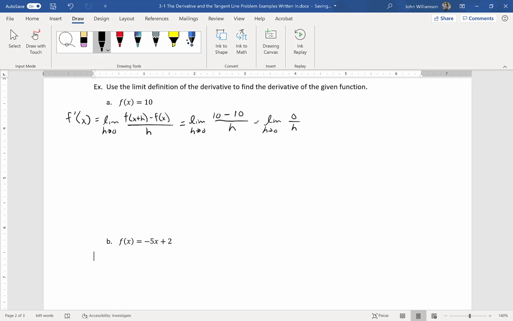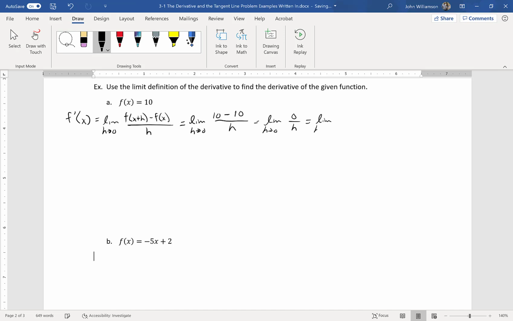Now keep in mind, we can't direct substitute yet, right? Because if we direct substitute into this, what's going to happen? We're going to have 0 over 0, which we can't do. But we can simplify first. So we're still within our limit notation, so notice that limit notation is being carried along because we haven't evaluated the limit yet. And so limit as h is approaching 0 of 0 over h, well, let's simplify.